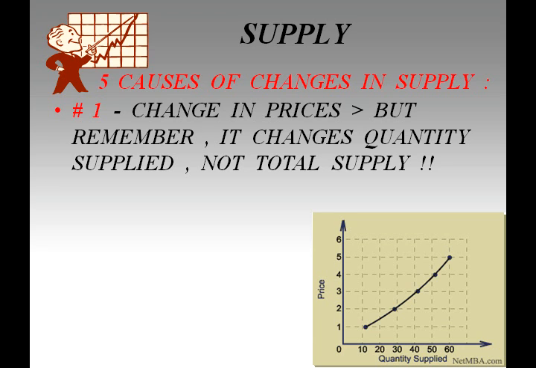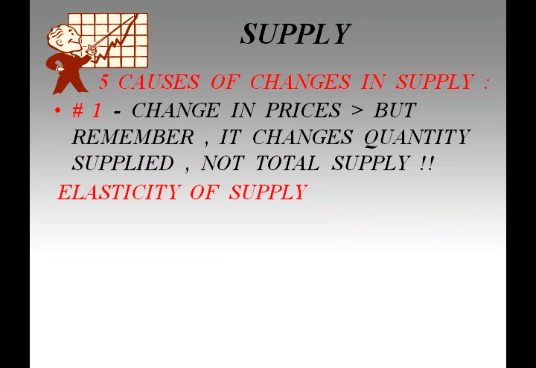And we're going to shift the curve either to the right or the left on the chart. But we'll get to that in a moment as to what type of conditions could change total supply to a market. But going back to our first cause here, a change in price will only affect a change in quantity supplied, not the total supply to the market.